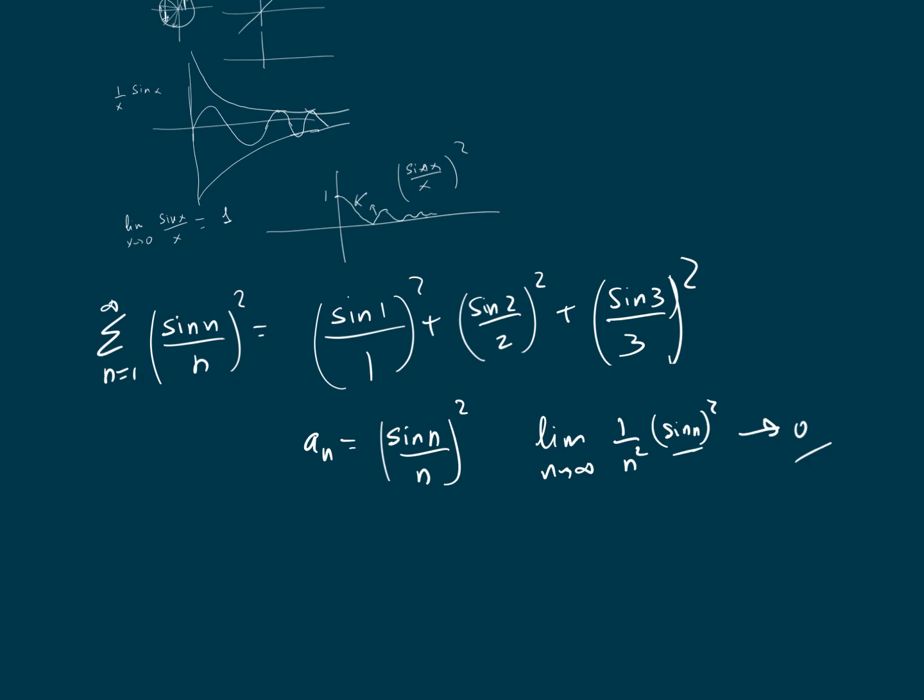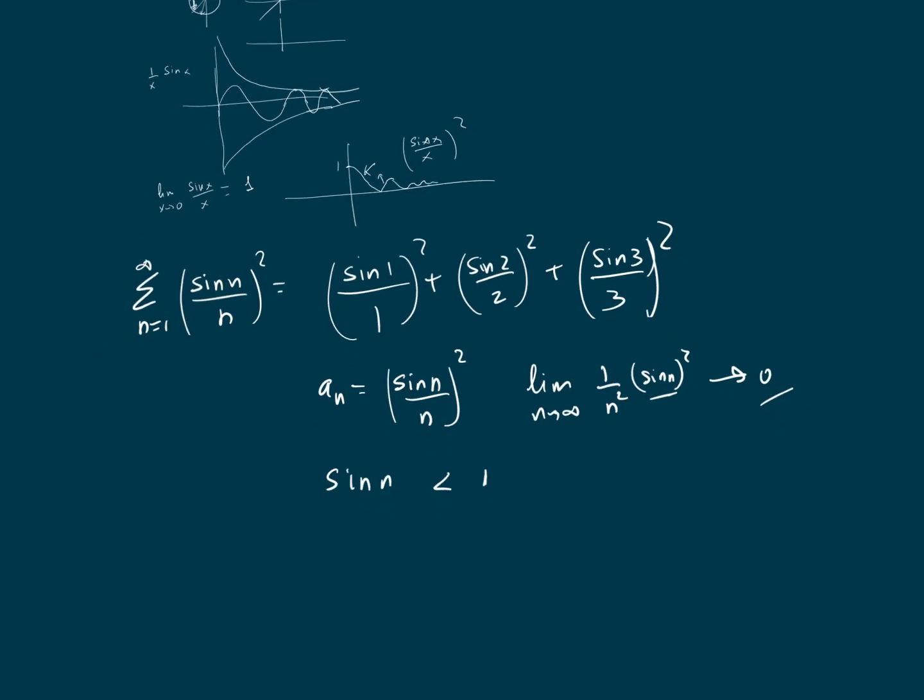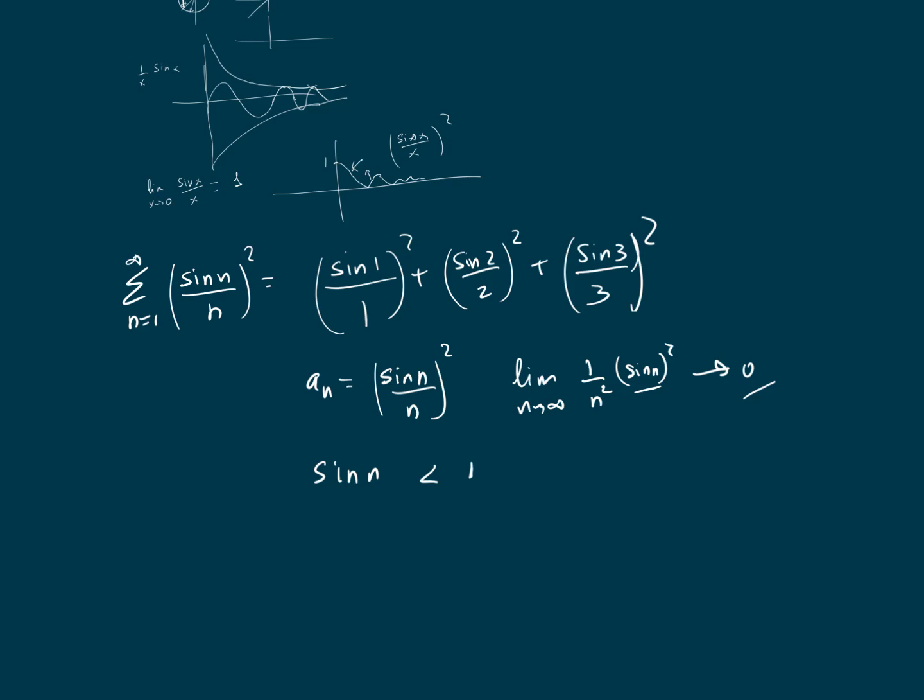Well, sine of n is smaller than 1. So I would say sine of n squared is smaller than 1 squared, which is 1.